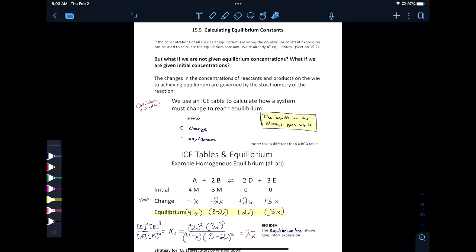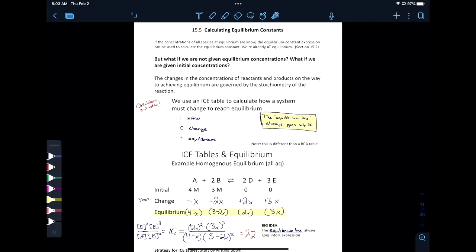So with that in mind, I'm introducing a new type of table that we're going to be using extensively for the next 3 chapters, ICE tables. ICE stands for initial, change, and equilibrium. This is different than a BCA table, though it's constructed similarly, we just use it differently.